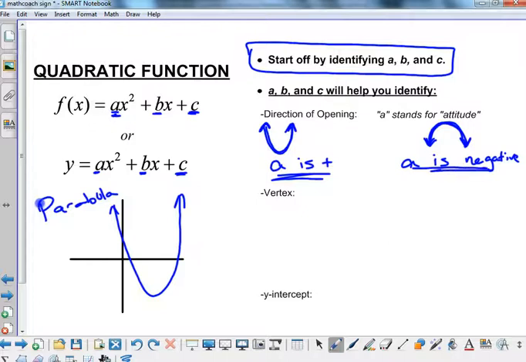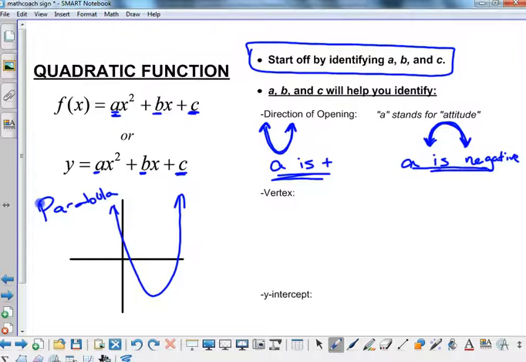If your attitude is positive, you're smiling, your parabola is going up. If your attitude is negative, you're frowning and it's going down. So identifying A real quickly tells us the direction of the opening of the parabola. Very important information, it gives us a good feeling for what we can expect in the problem. Some things will come into play later on when we talk about maximum and minimum values as well.